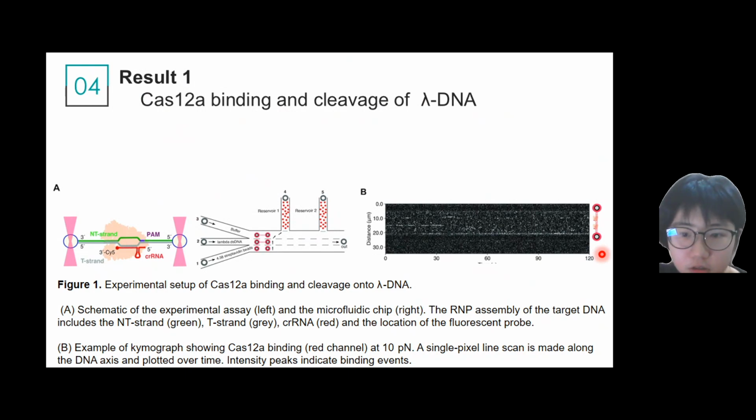This force allows stretching of the lambda DNA without altering its base pairing, and also avoids cleavage of the target DNA. They perform the binding experiment in the absence of magnesium ions, and the white part here represents the binding of the assembled ribonucleoprotein to lambda DNA.